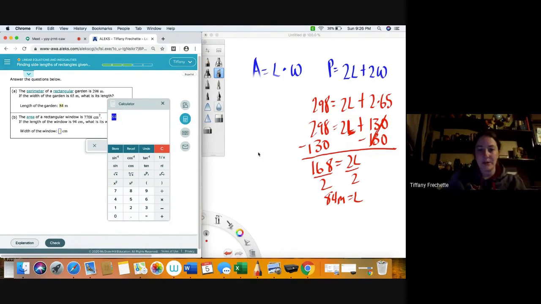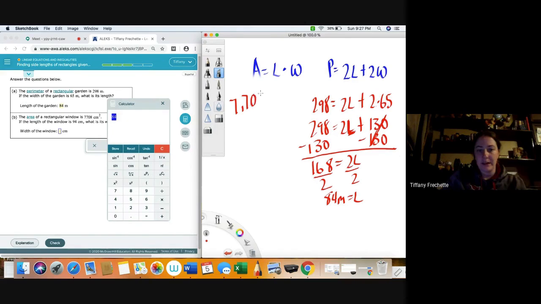All right, the last one here says the area of a rectangle is 7,708 centimeters squared, and the length of that window is 94 centimeters. What is the width? So we know the area, we know the length, we need the width. So all we have to do is undo the one multiplication by dividing on both sides.